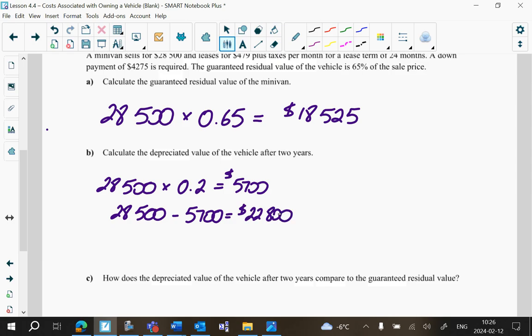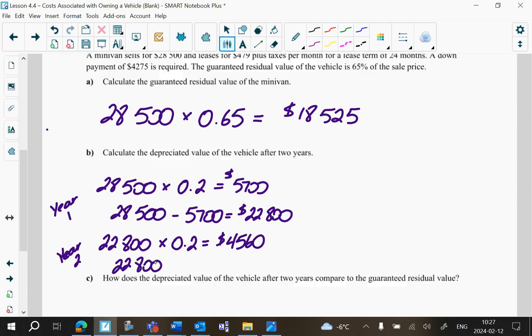Year 2, we're going to take the value of the vehicle at the end of year 1, 22.8, take 20% of that to get 4,560, and subtract that from 22.8. That's going to give us 18,240.